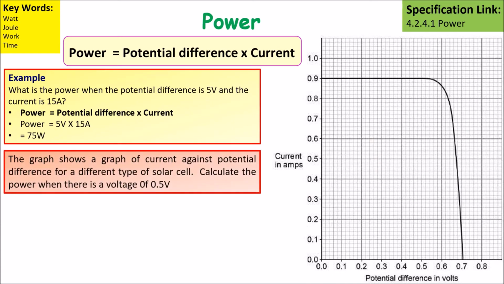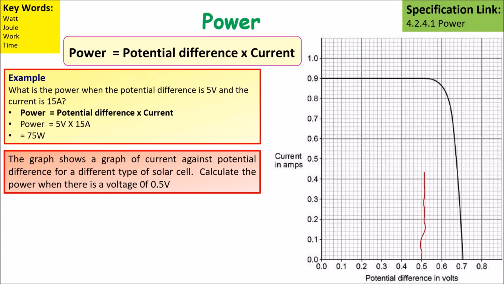In this example, the graph shows current against potential difference for a type of solar cell. We're calculating the power when we've got a voltage of 5 volts. We would start off by reading up from where we've got 5 volts on the graph.